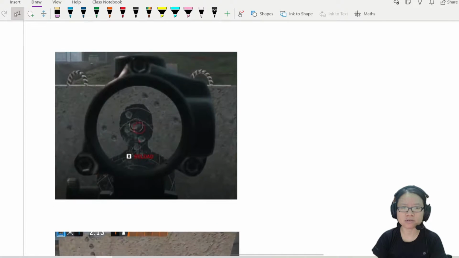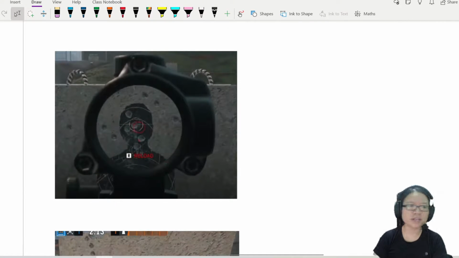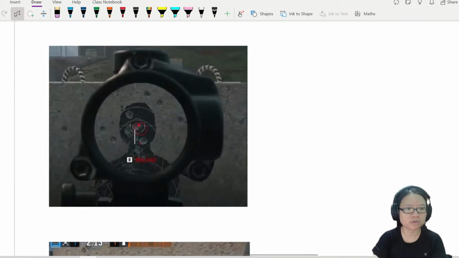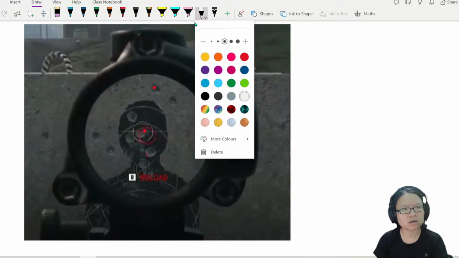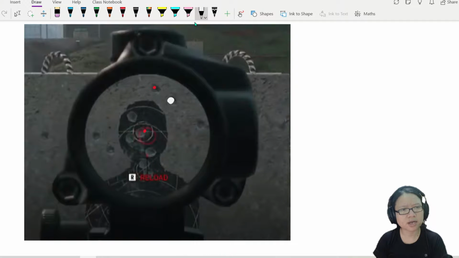For example, you may shoot and then you get some random scatter, okay? So let's say the middle of the cross eye is here. Let me zoom in a bit for you. Okay, let's say the middle of the cross eye is here. And I look at the bullet scatter. Oh, one here. There is one here. There's one here, there's one here, there's one here.